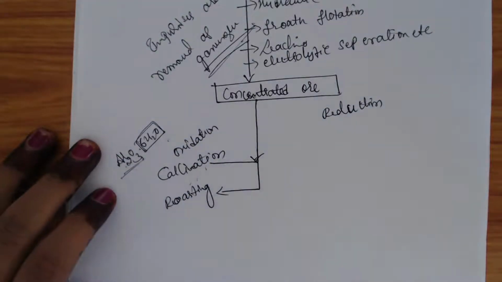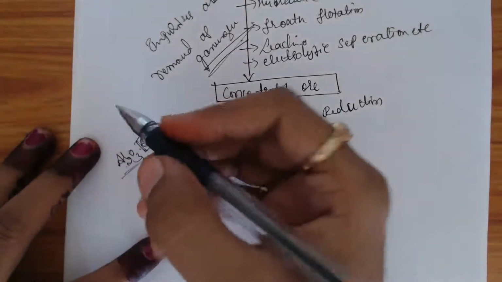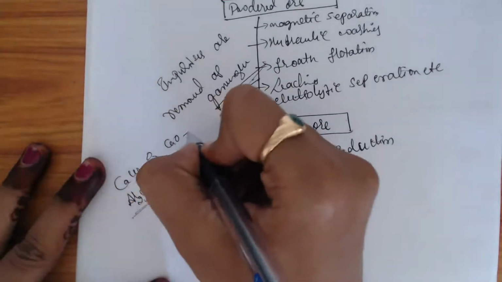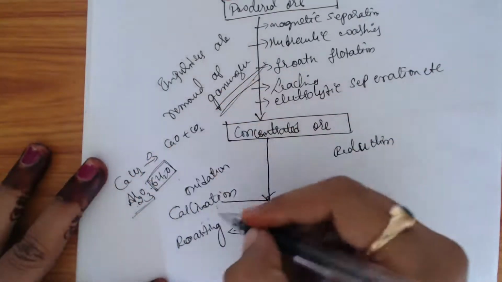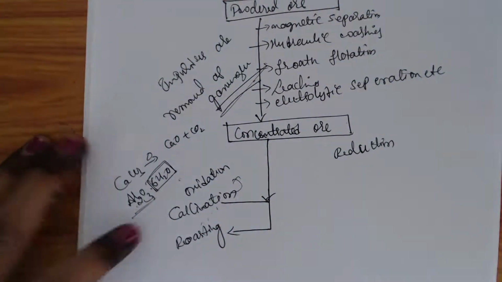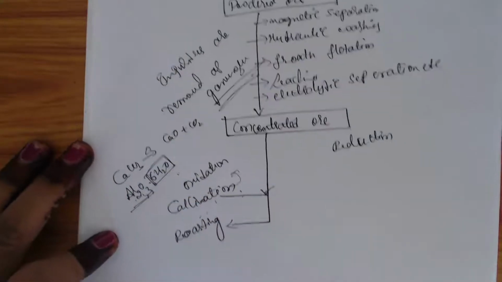So calcination means the heating of a concentrated ore in limited supply of air or in the absence of air. Carbonate ore is there, that is CaCO3. Upon heating it forms CaO plus CO2. So here carbonate and hydrated ores are converted into oxide ores.